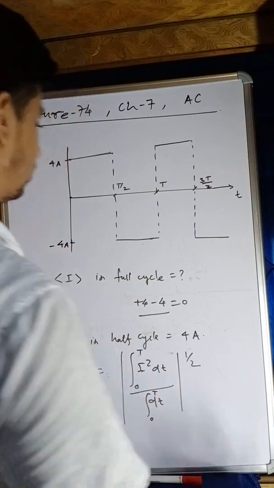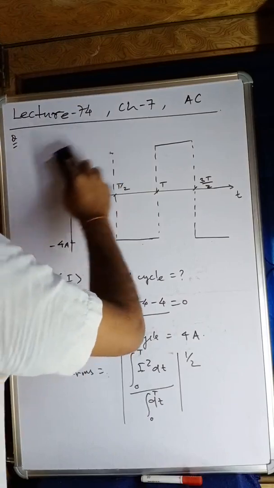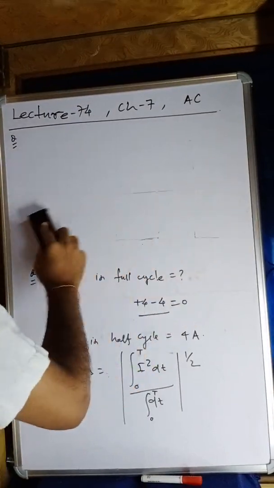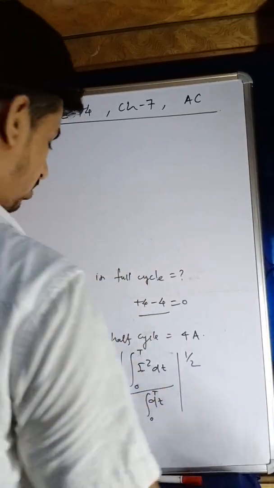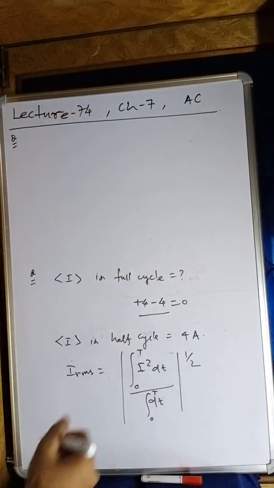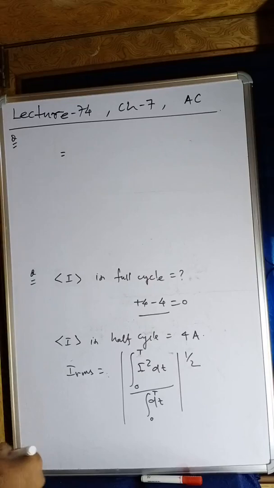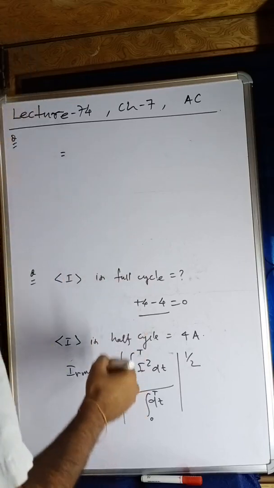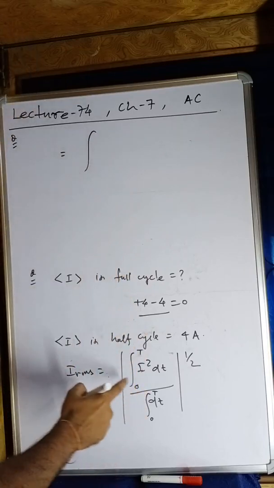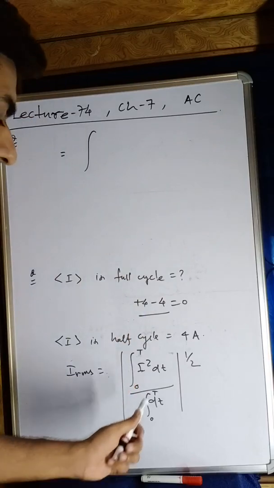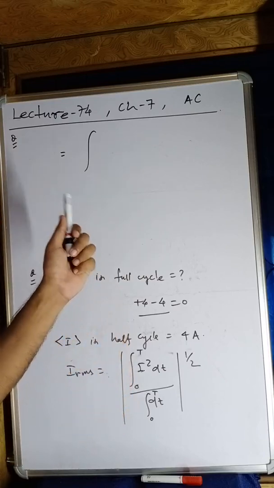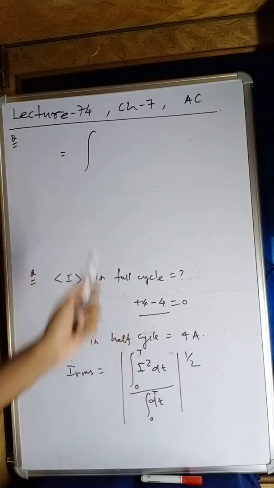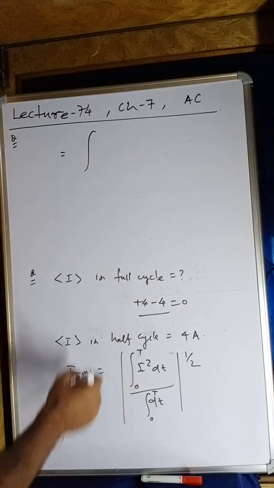Now, how will we solve? So bear in mind this graph. What was the value of I, which is the peak value? Remember, the current was not fluctuating, it was constant and its value was 4 ampere.